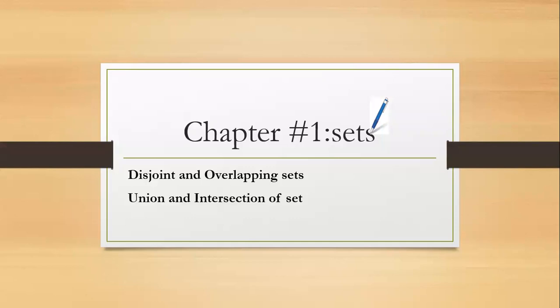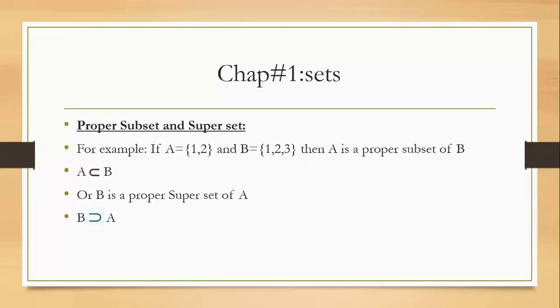Now what about union and intersection? Union means combining, and intersection of sets means finding the common elements between two sets. Today we are going to start with proper subsets and supersets.